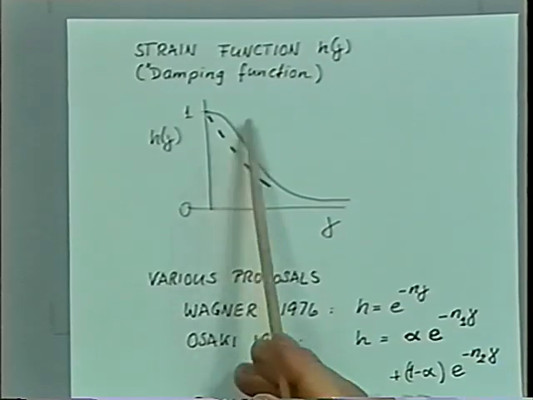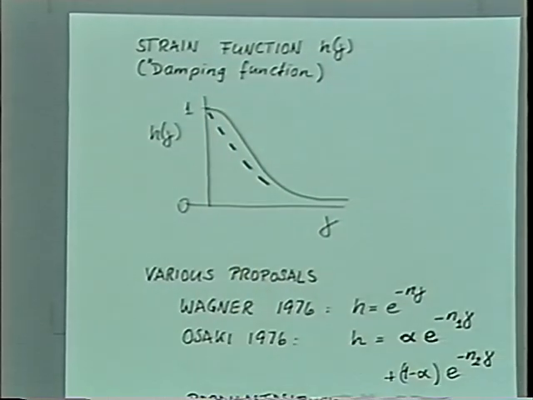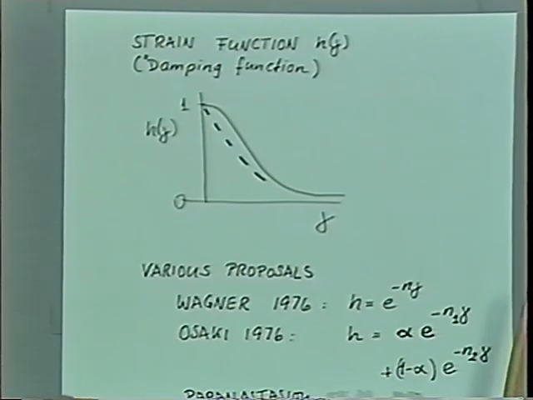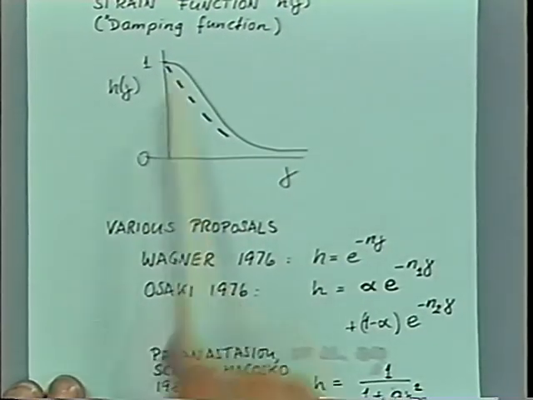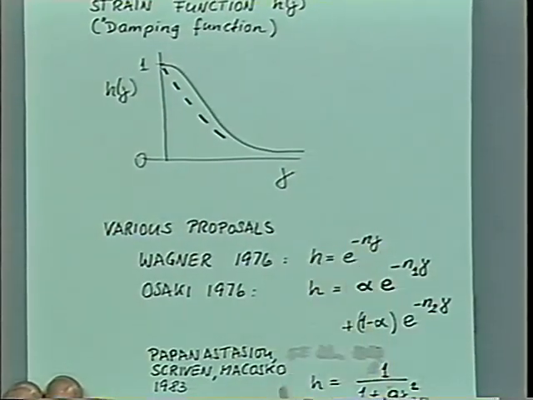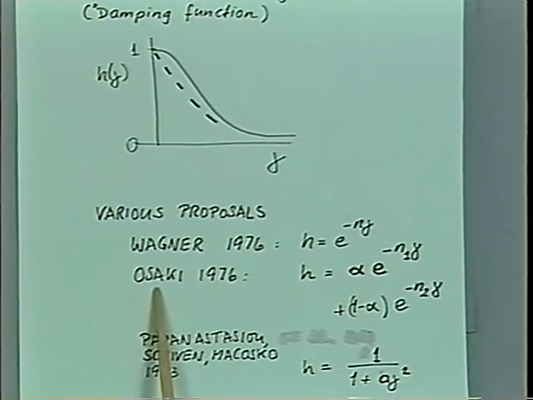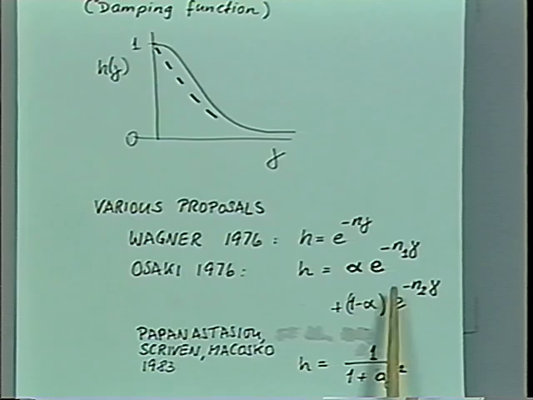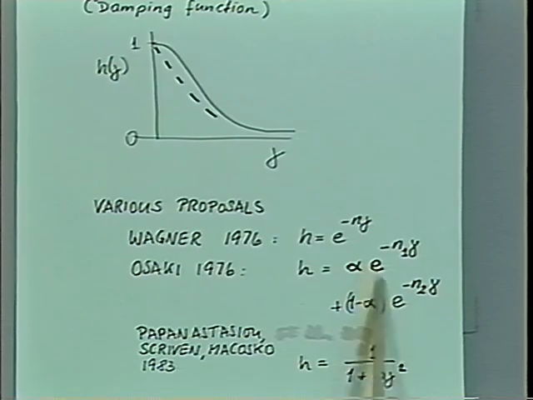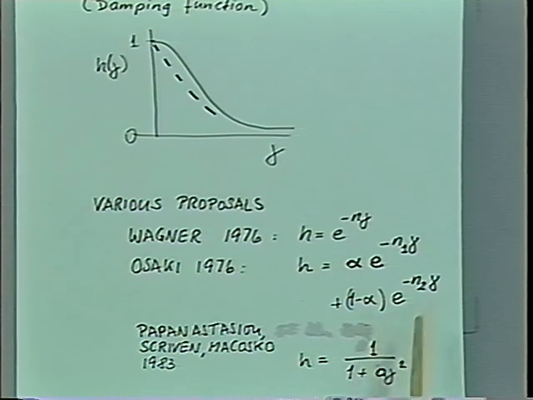It turns out that these deviations up here are not too important, and the predictions with that simple equation are very, very good already. Osaki at the same time proposed a model where he added 2 terms, 2 exponential decays, and he modeled polymer solutions with that and found very good agreement.